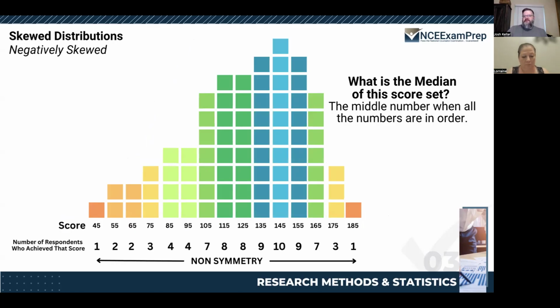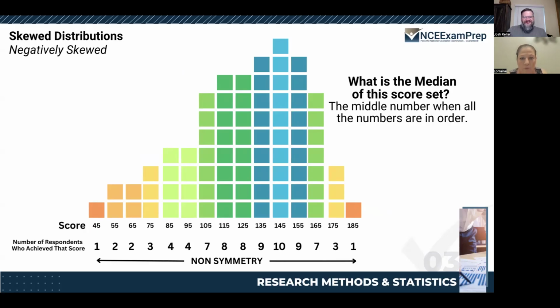What about this one? What's the median of this score set? I promise I'm not trying to trick you.